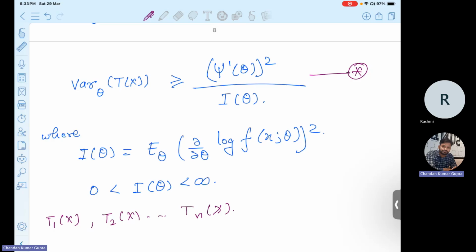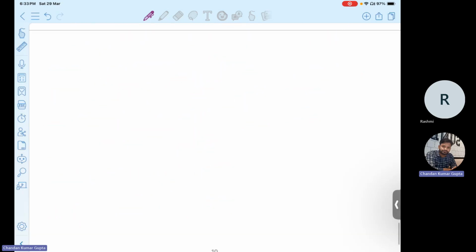But when an estimator has the same variance as given in star, the equality condition holds, and that estimator is the uniformly minimum variance unbiased estimator for the parameter or the function of the parameter. This is how we use the CR inequality to find the uniformly minimum variance unbiased estimator in the class of unbiased estimators.